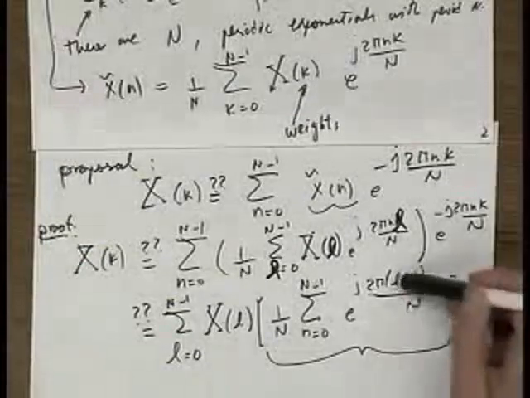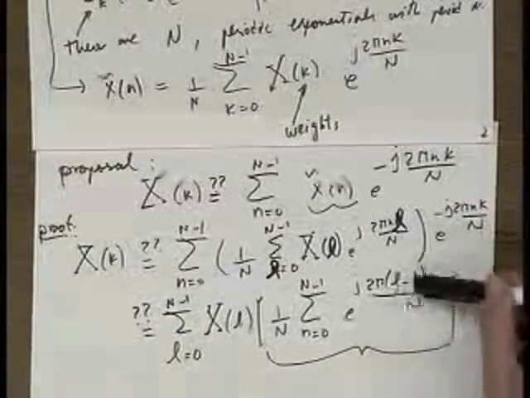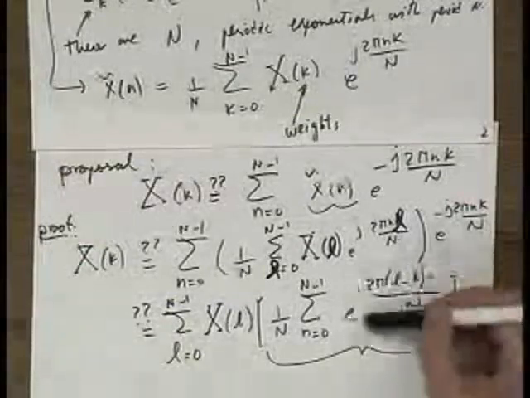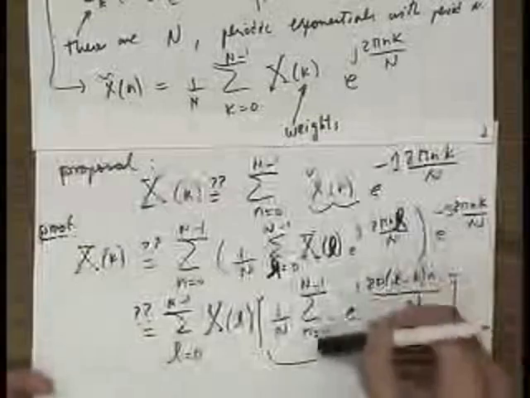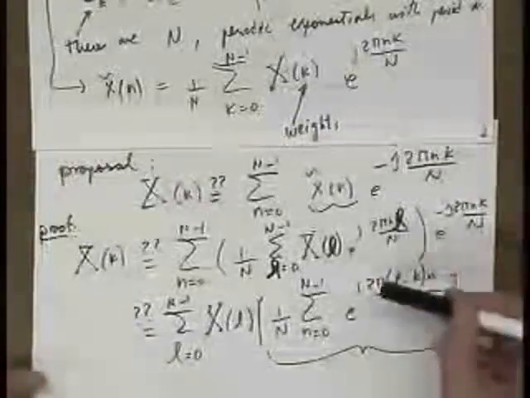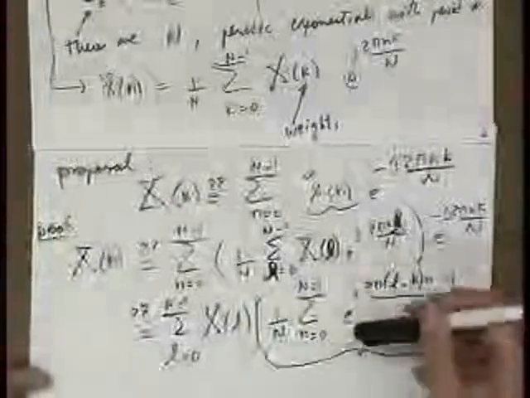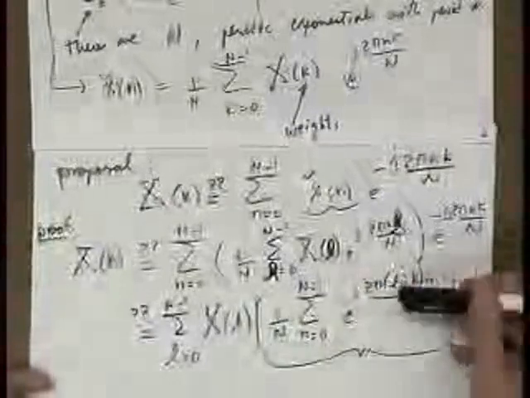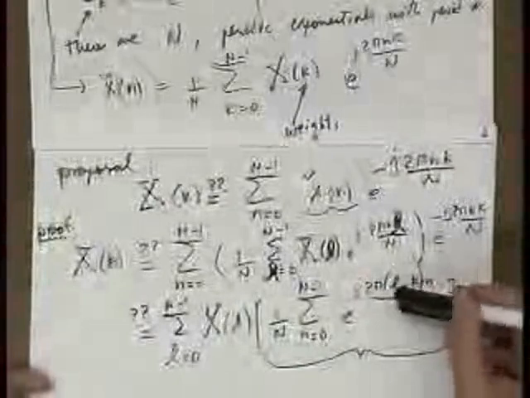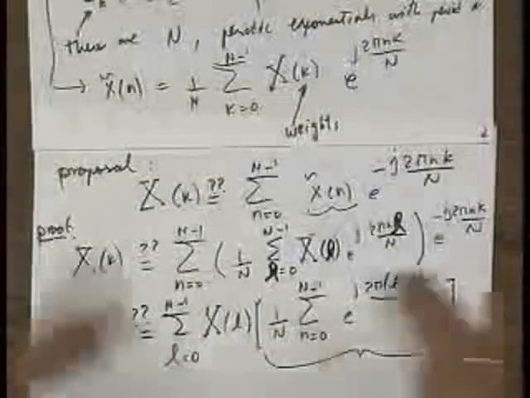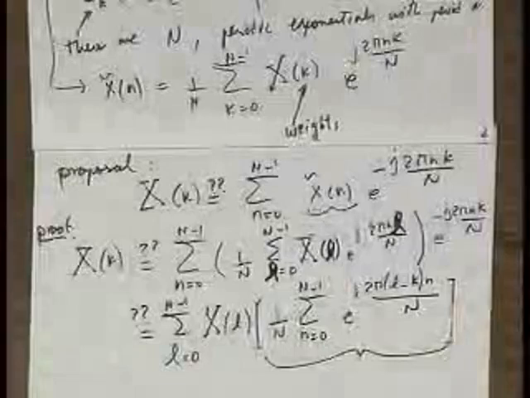It becomes 1, or L is an integer multiple of k. Then this whole exponential becomes 1. I add up 1 N times, I get N over N, which is 1. So it seems like sometimes this thing is 1. And what happens some other times, where L is not a multiple integer of k? It ends up being a sum of a bunch of exponentials and it ends up being 0.